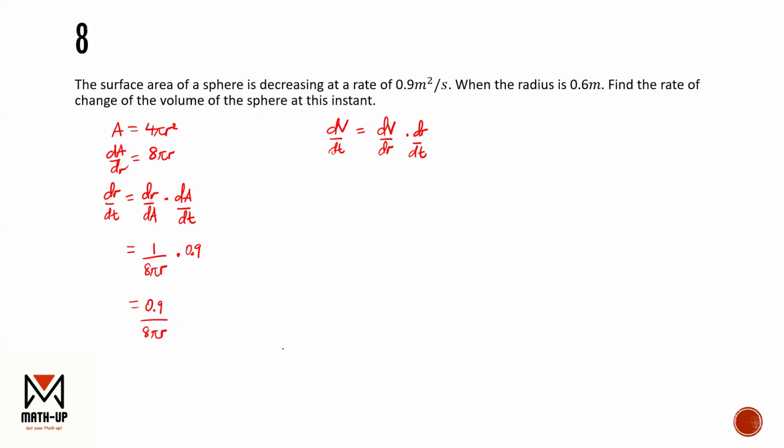I advise you to always leave pi in your answer until you've reached the very end, because in questions like this, it's bound to find a way to disappear. So what's my V? Like I just said, V is 4/3 times pi r cubed. And so dV/dr is actually 4 pi r squared, which is also the surface area.